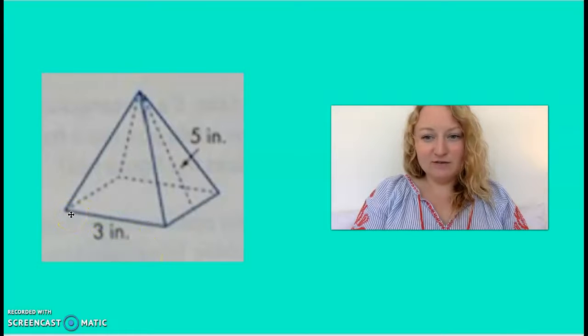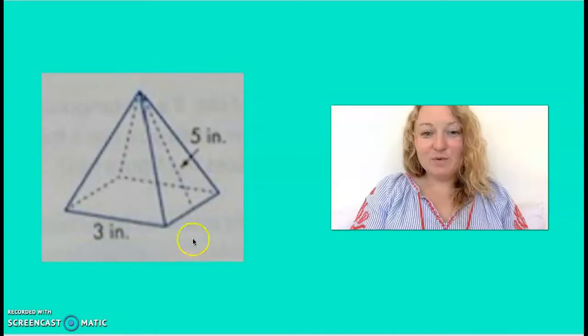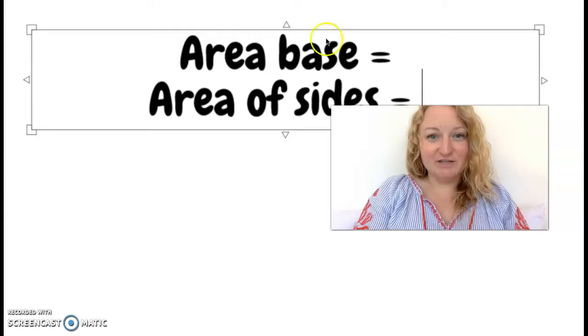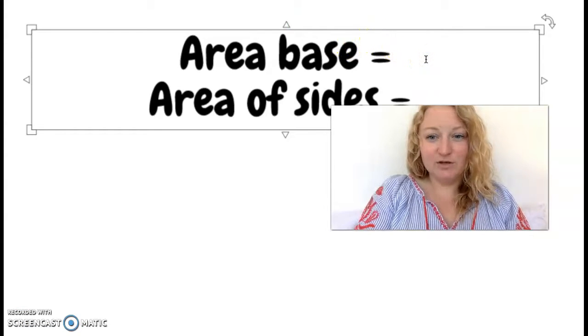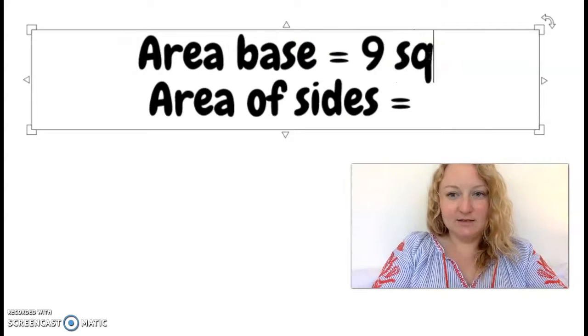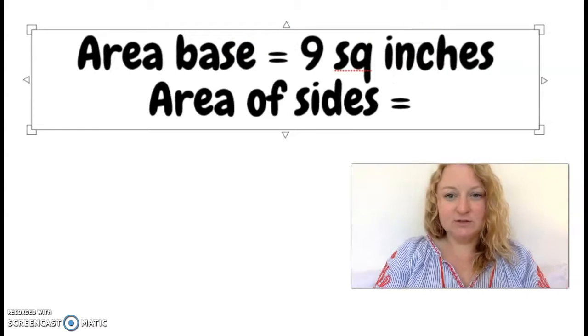I know to find the area of a square, I'm going to multiply length times width. So length times width would be 3. When we multiply 3 times 3 for the base, we are going to get an area of 9 square inches. So I'm going to go over here, and my area of base is 9 square inches.